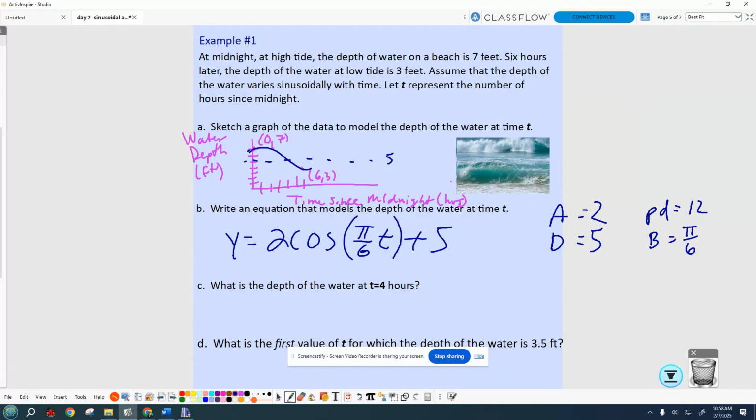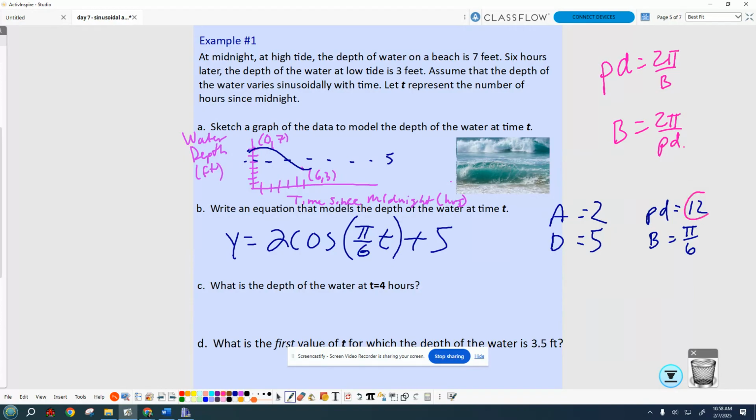Can you go over how you got B again? Do you agree? You're the one that told us the period is 12. Period is 2 pi over b, and B is 2 pi over the actual period of the function.